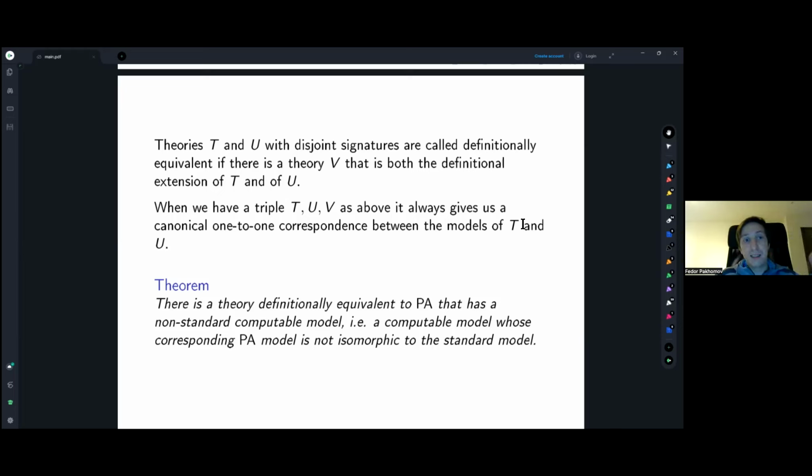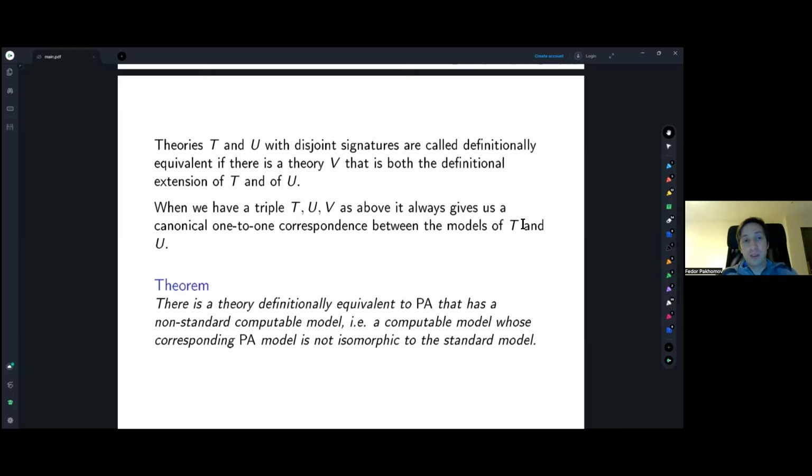So this essentially would be the same thing. This idea of two theories talking about the same things in different terms can be captured in several ways, but probably the most strict version would be the notion of definitional equivalence.